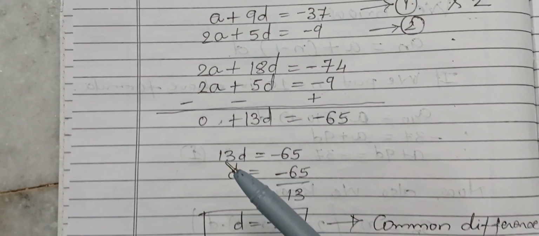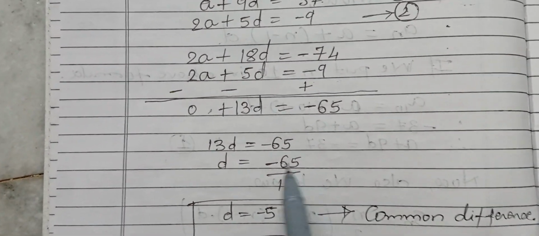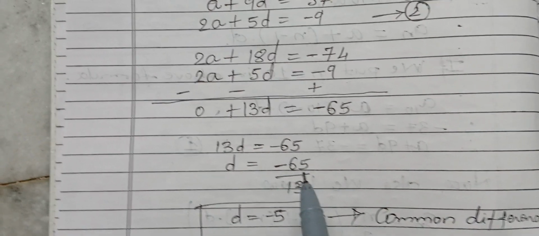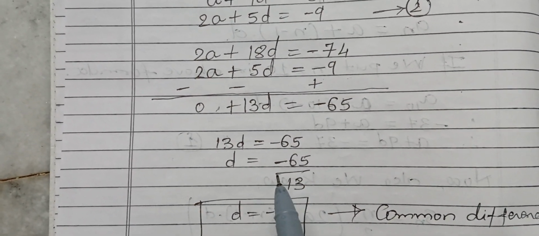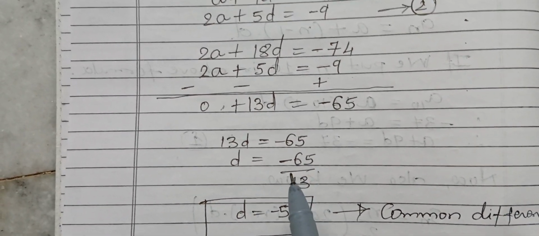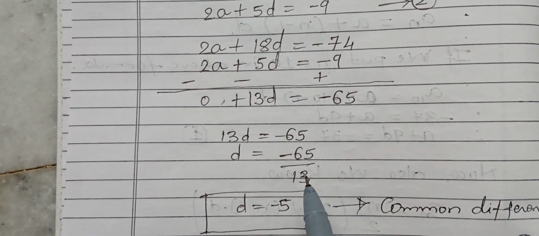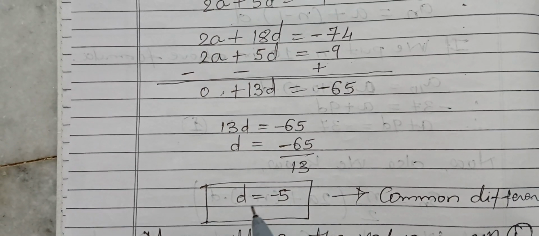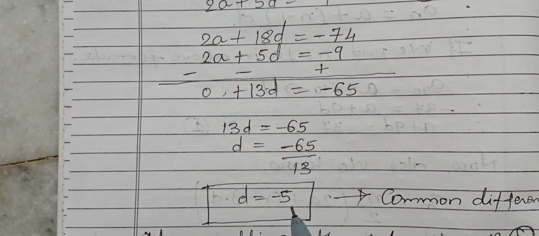The 13 is in multiplication, so we will take it to the other side of the equal sign, where it will come as a division. So d is equal to minus 65 divided by 13. We know 13 5s are 65. d is equal to minus 5.